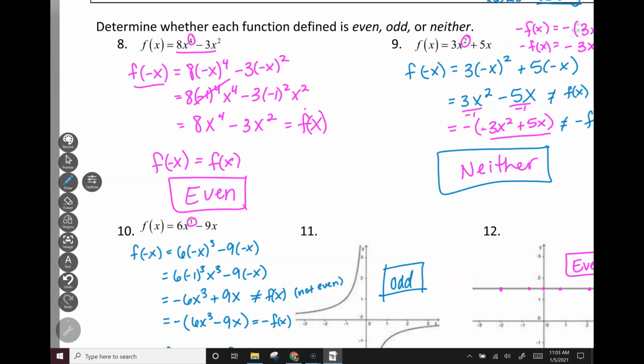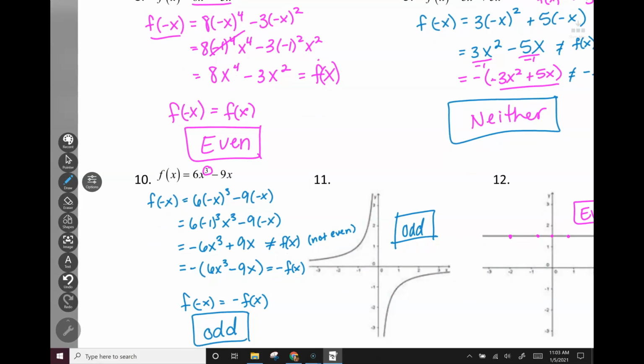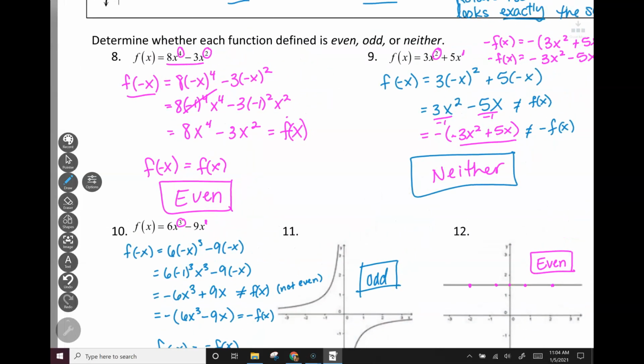It turns out that the pattern is, in order for a function to be even, each of the exponents must be even. On number 9, because we had 2 and then 1, that ended up being neither, because the exponents were not all even. And then on number 10, we had odd and odd. So 2 odd exponents results in an odd function, an odd polynomial.